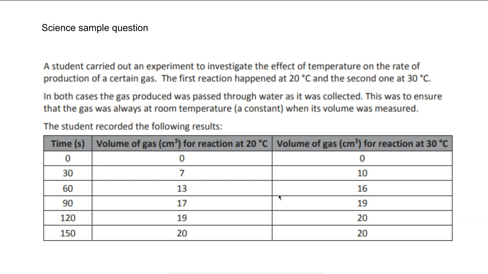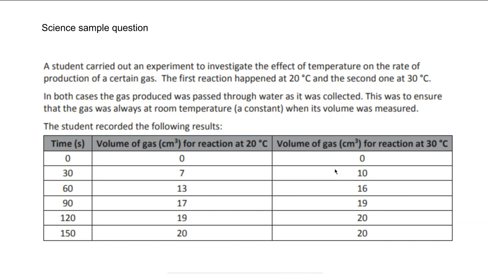So this is the 20 degrees. There's a set of results. The time was every 30 seconds, and this was at 30 degrees every 30 seconds. So from looking at the data, which was the fast reaction?